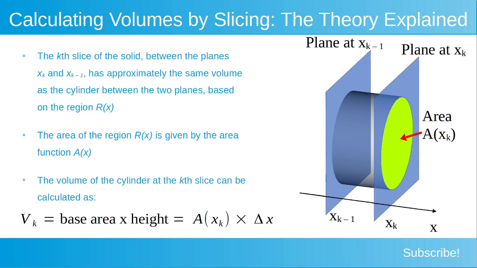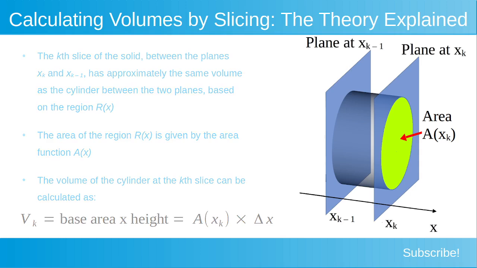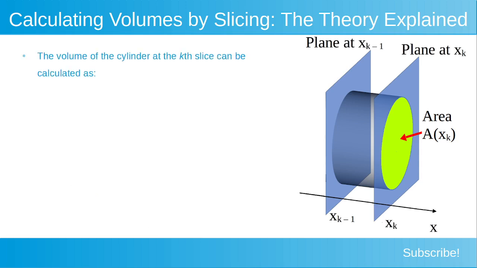So the volume of the cylinder at the kth slice is V subscript k equal to A of x subscript k multiplied by delta x.